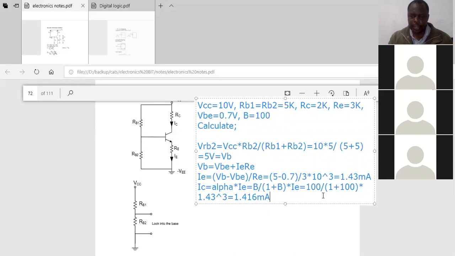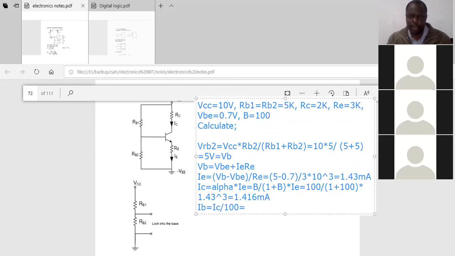Okay. And then IB is basically IE minus IC. Or sometimes you could take the easier one, which is IC divided by 100. Of course, you know which is better.